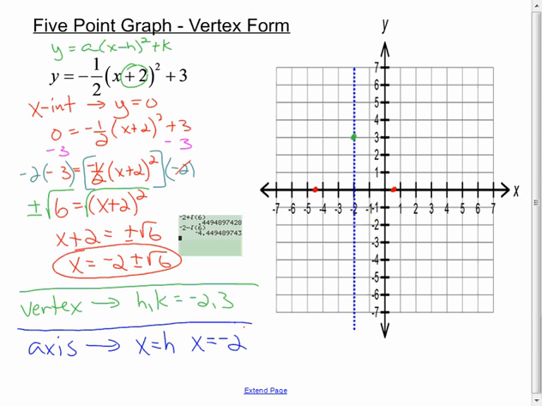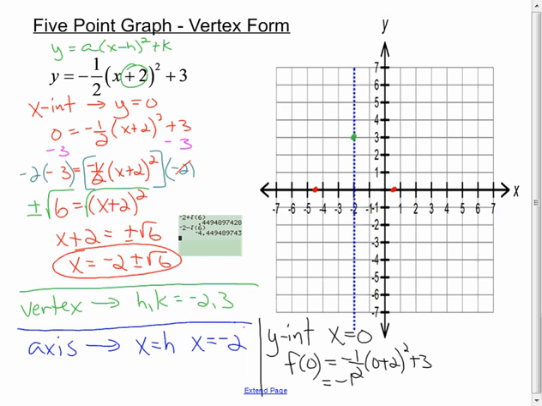Now, I'm going to find the y-intercept. Every time I hear y-intercept, I think x equals 0. So I'm just going to compute f at 0, which means plug in 0 for x in the original function and simplify to find y. This will be -1/2 times 4 when I do 0 plus 2 squared plus 3, which is equal to -2 plus 3, which is equal to 1.